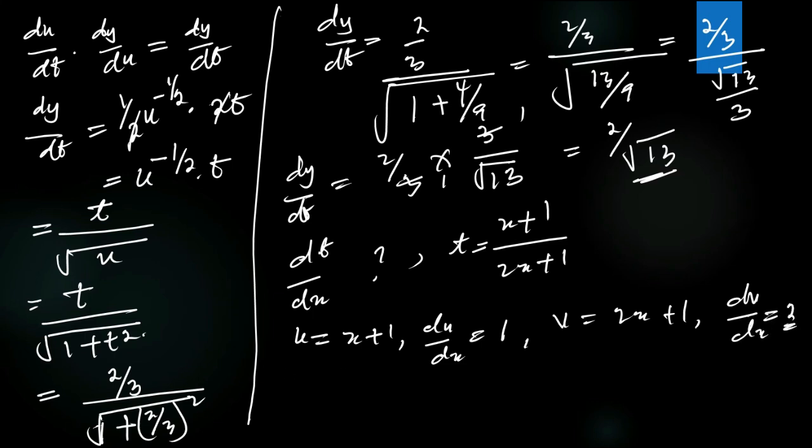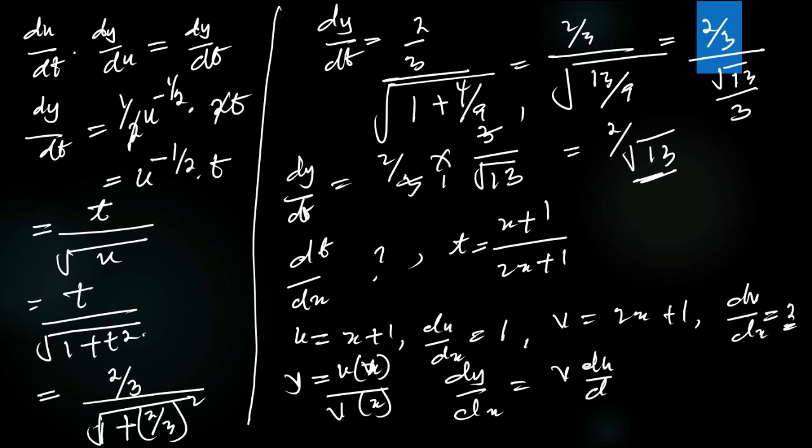Now, my division rule says if I have u as a function of x and v as a function of x, my dy dx will be the same thing as v du dx minus u dv dx, over v squared. So in place of each of these, we'll start substituting.